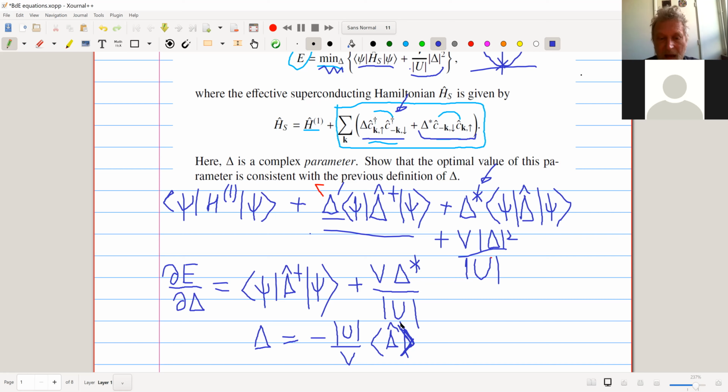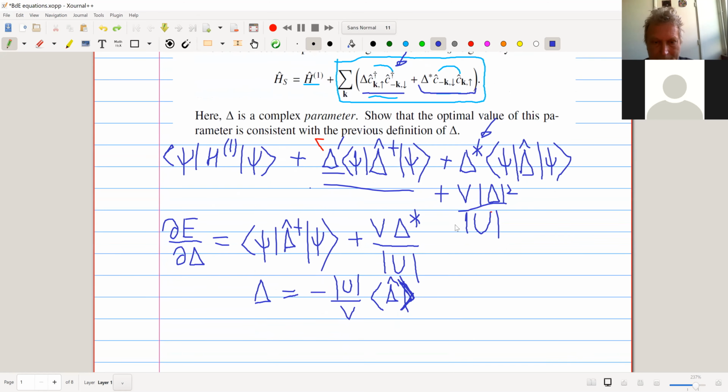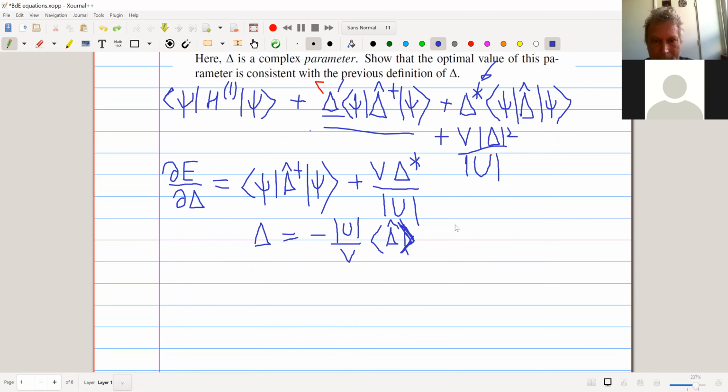How do I do this? Well, I just substitute this delta to here and here. Let us see what do I have from the first term.